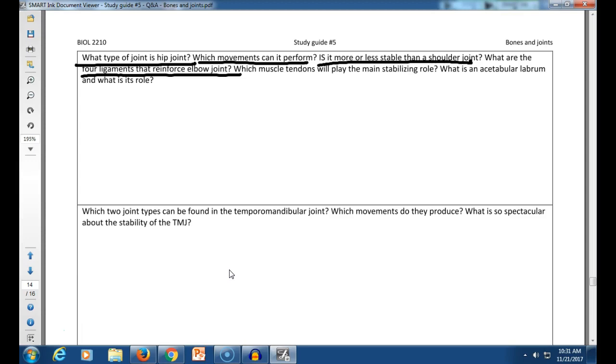So muscles responsible for hip movements: flexors, extensors, abductors, adductors. Acetabular labrum is the little ridge around the acetabulum that provides additional depth to the acetabulum and stabilizes the joint.